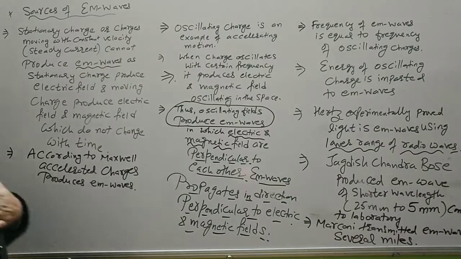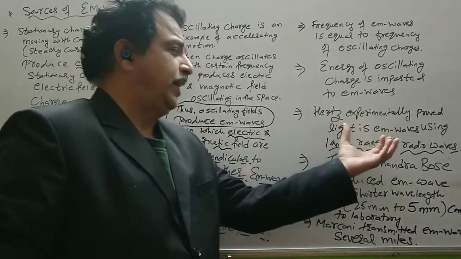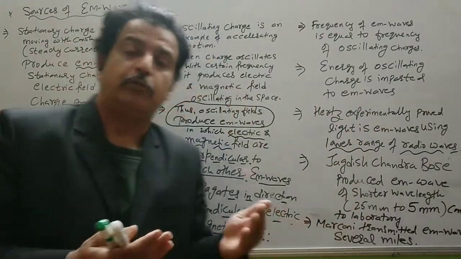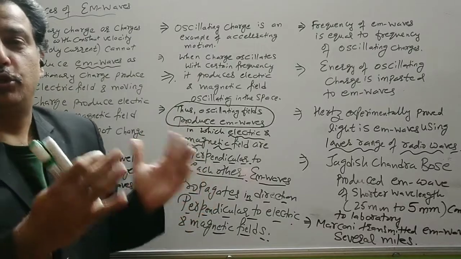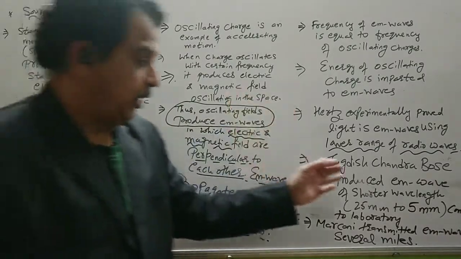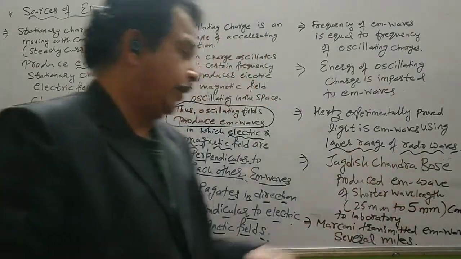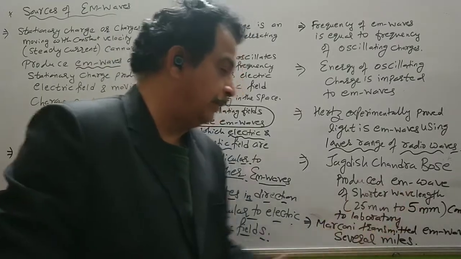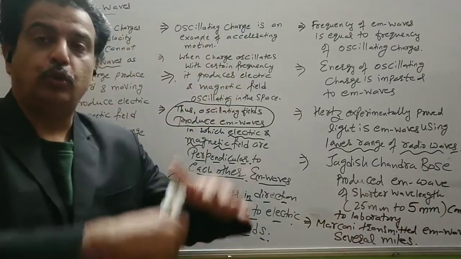These experiments were confined to the laboratory only, so the electromagnetic waves produced used to travel a short distance. Later on, Jagdish Chandra Bose also produced electromagnetic waves of shorter wavelength, 25 mm to 5 mm, which were confined to the laboratory.